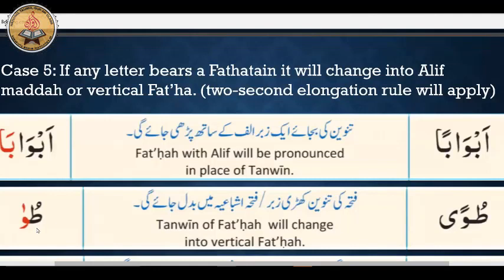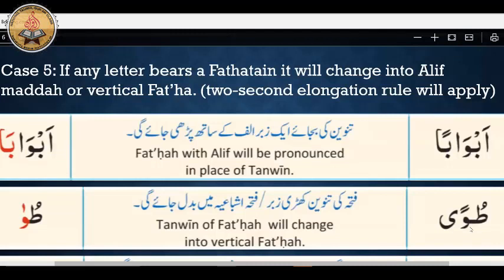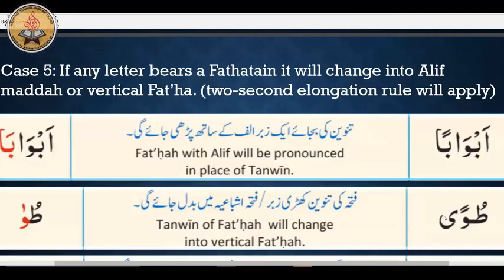Excellent. One more thing to notice here is that in the second one there's ta, there's waw, and there's a ya at the end. The reason why we just ignore the ya is because it's blank. You must have done this in lesson number 1: do not pronounce something that is blank. So that's why we ignore this ya. And on top of fathatain comes vertical fatha.